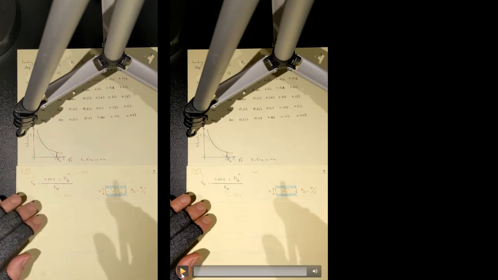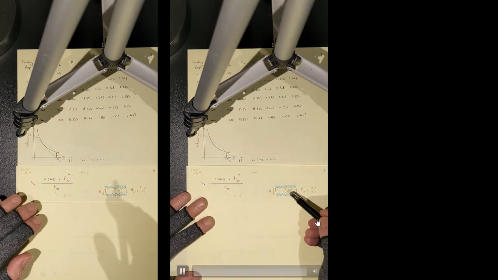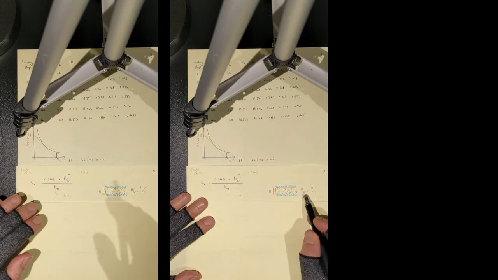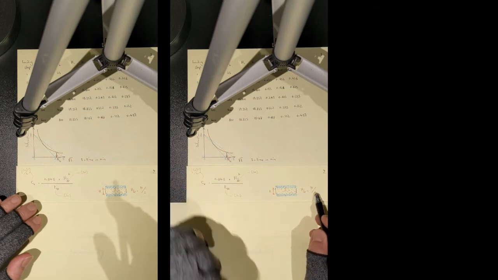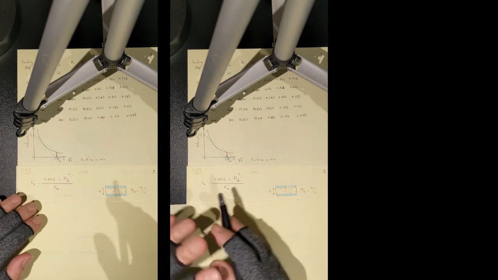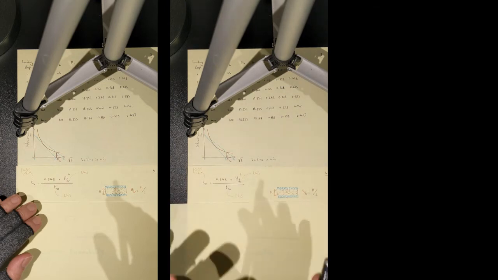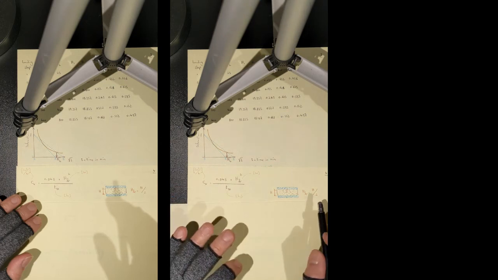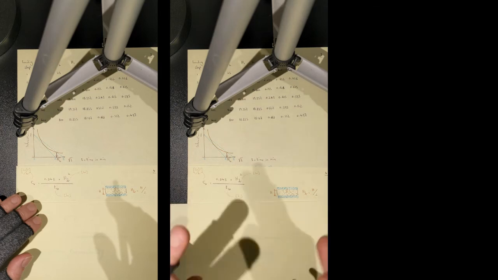If your soil sample is confined between two porous discs or two drain points, then your H dr is always equal to half the height, whatever the height is. So H dr at all times for an oedometer test is equal to half the height, because in an oedometer test you've got two drain points, one at the top and one at the bottom.